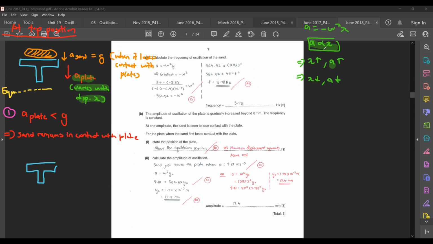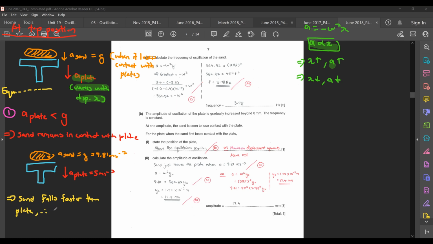Say the a of your plate is 5 meters per second squared. But your sand, by right, if nothing is in contact with it, is equal to g, right? Which is equal to 9.81 meters per second squared. So if anything, the sand would always fall faster than your plate. So it will always remain in contact with your plate. Here, I can always say that sand falls faster than the plate.